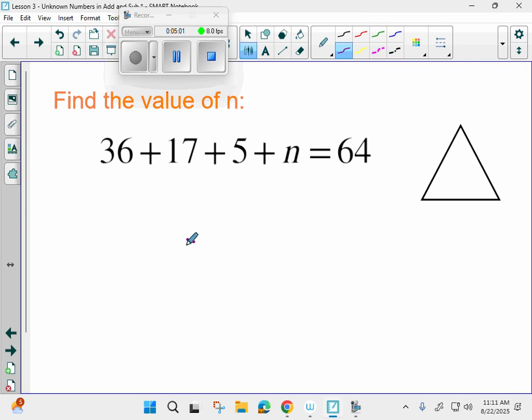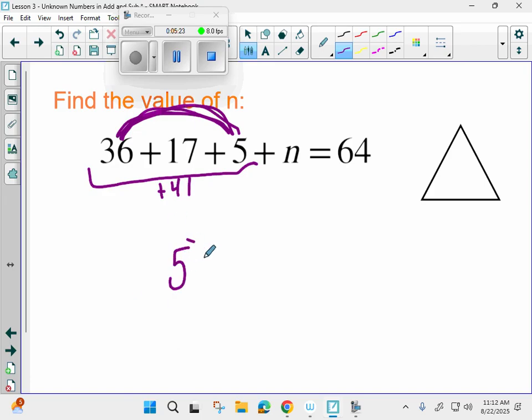So we have to get all of our numbers added together and simplify it. These are all on the same side, right? I actually think it's a lot easier to add 36 and 5 first. What is that, everybody? 41, and then we'd be adding 41 and 17. What's that? Good. 58 plus n equals 64.